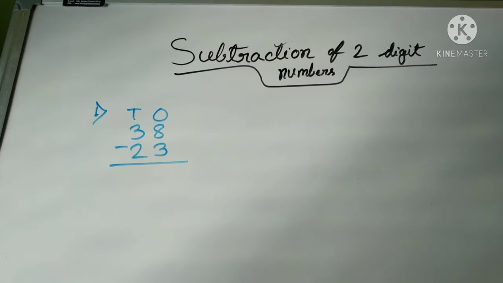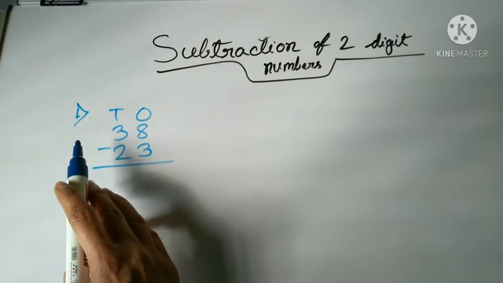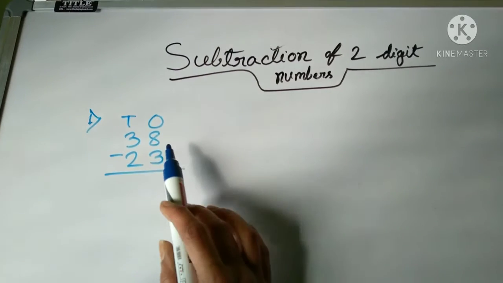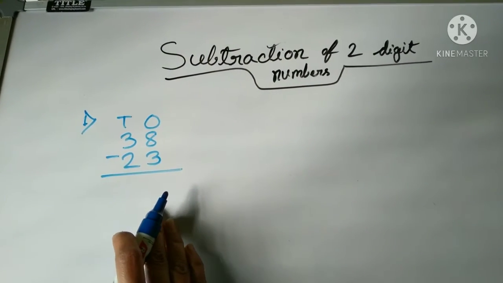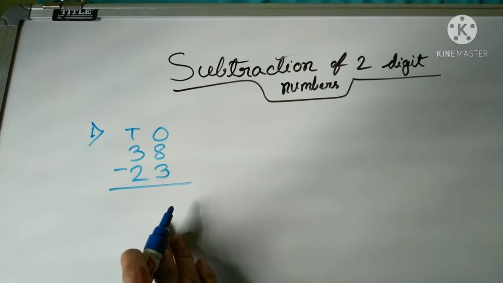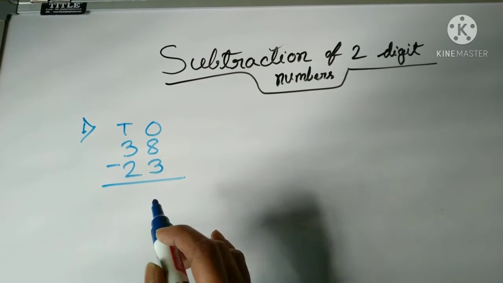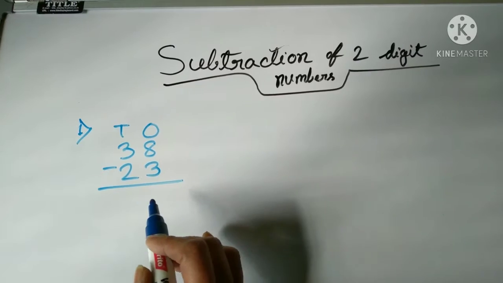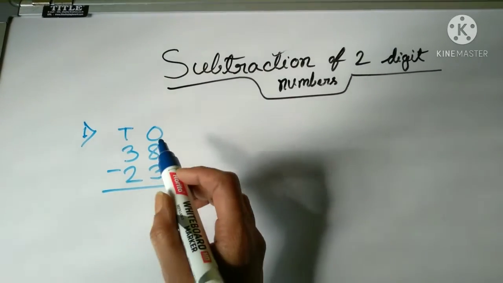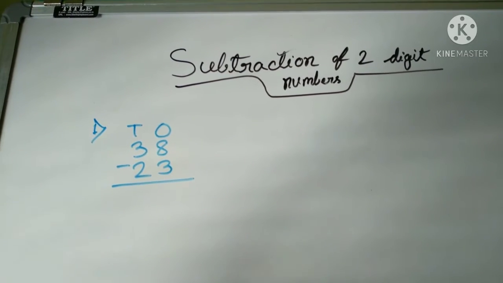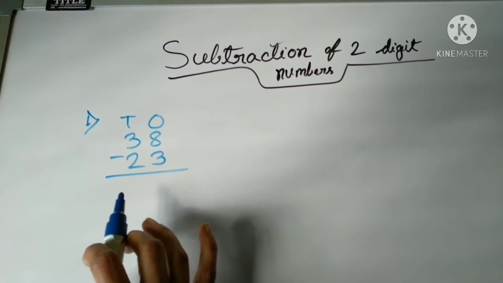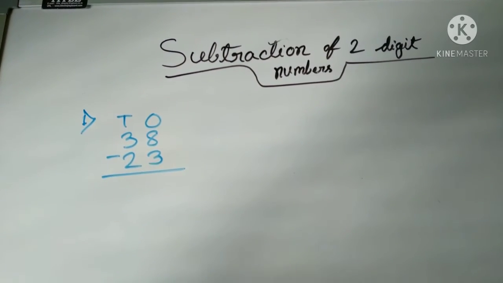Now see, all of you. Here, one number, ones place 8 by 3. You must remember that you start the sums from the right side, the ones place, then the tens place. If you start from the tens place or left side, it is wrong.